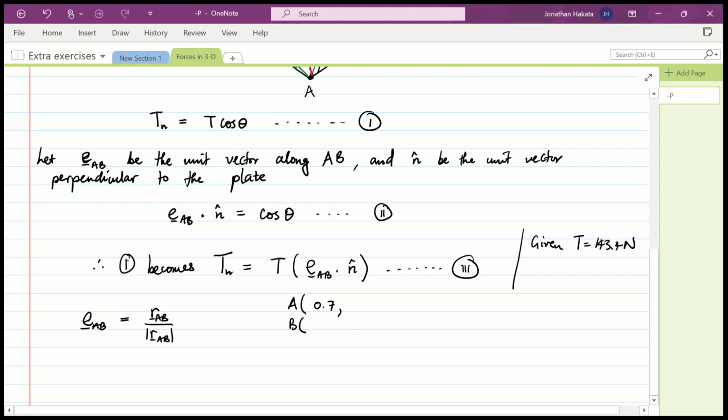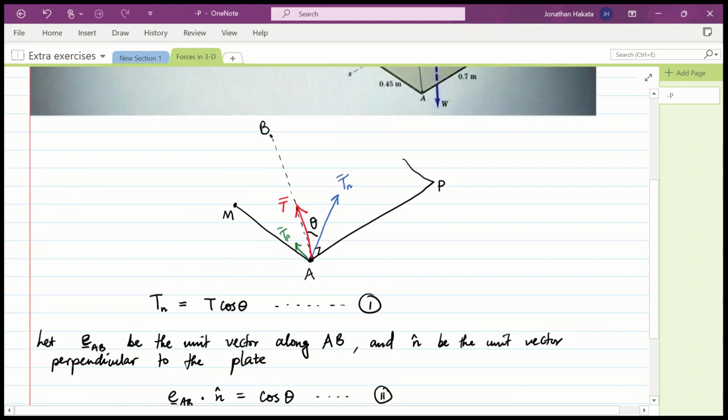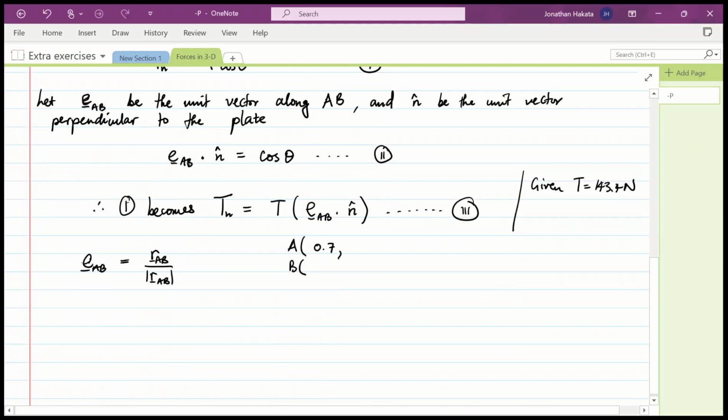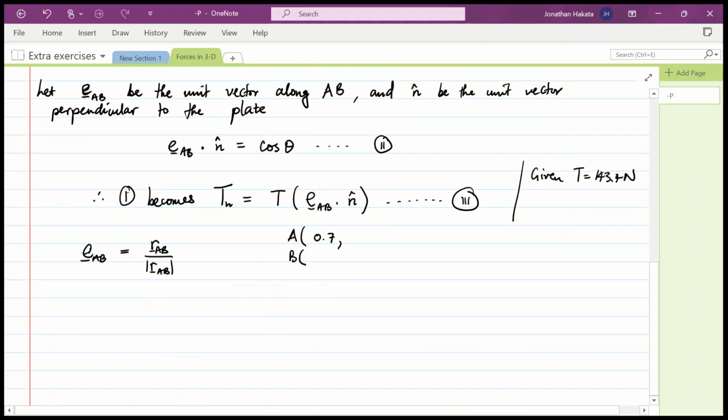And then the y coordinate, we are told that this plate is tilted 20 degrees into the xy plane. So it's 20 degrees below the xy plane. Therefore, the y coordinate should be 0.45 cosine 20. If you punch all that in your calculator, you'll get 0.423, and it's positive.